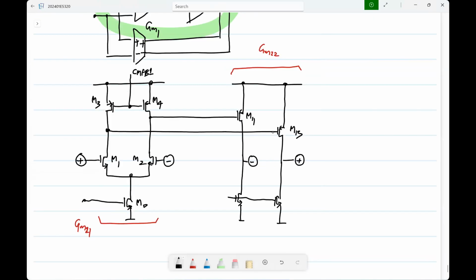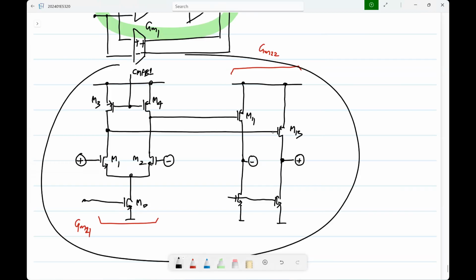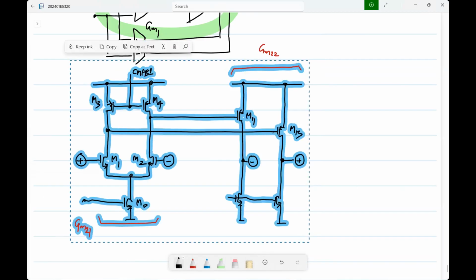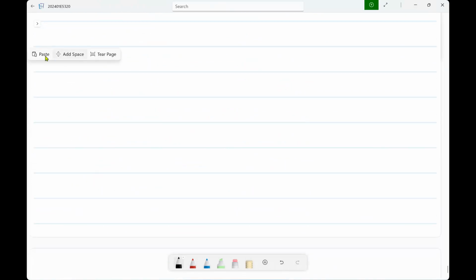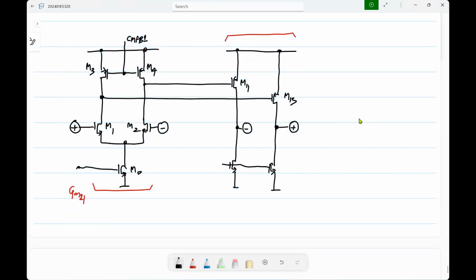How do we get the other stage? Where should it connect to? There are many different options, lots of things you can try to do.